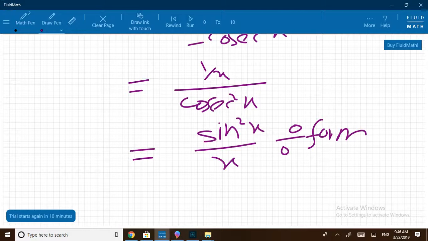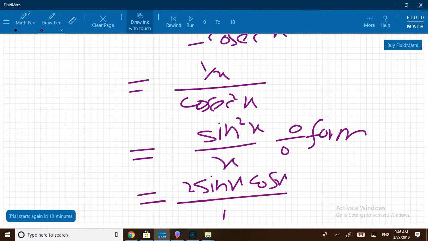So according to the L'Hospital rule, we take 2 sine x cos x divided by 1.